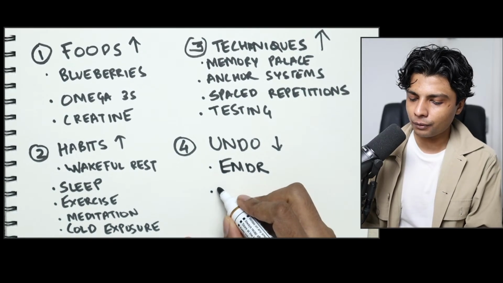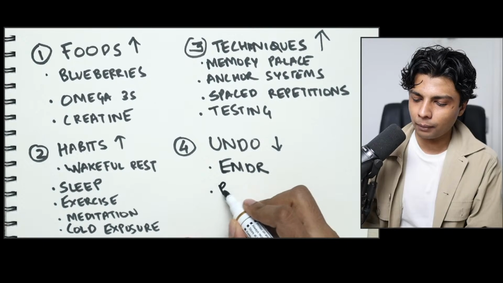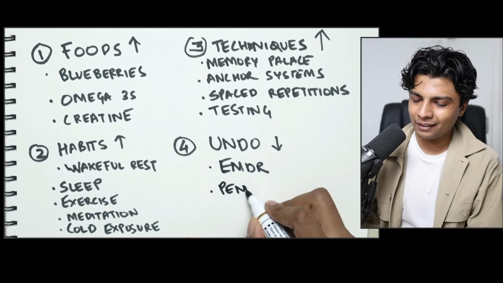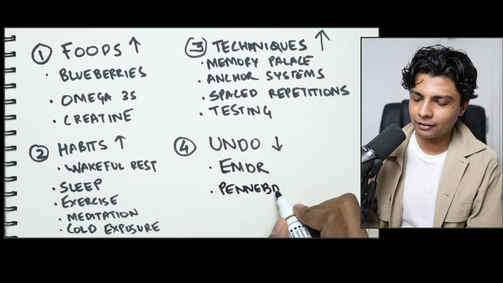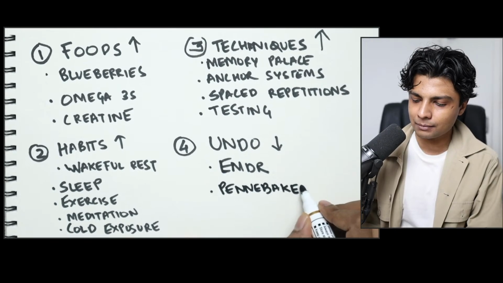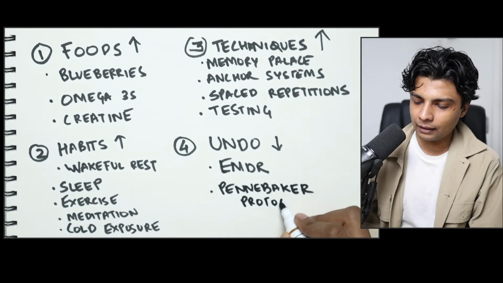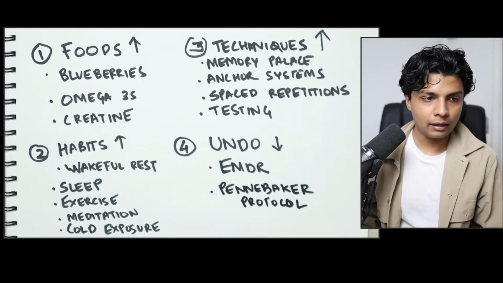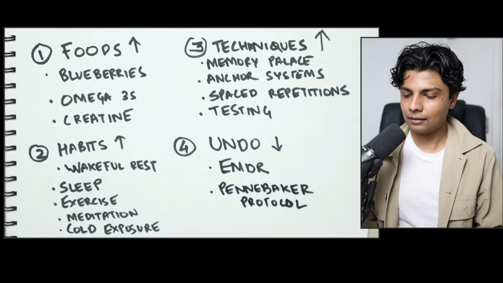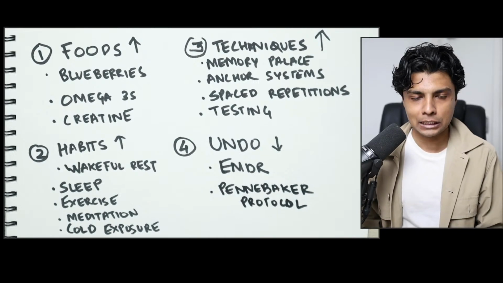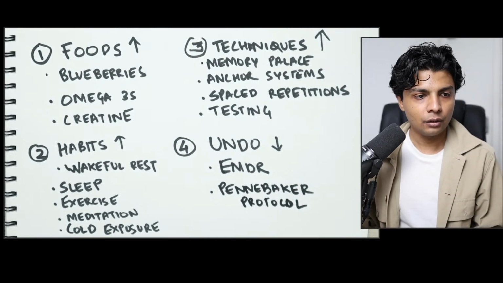And then we are going to talk about this thing called the Pennebaker protocol. It's really under the larger category of journaling, but since this particular type of journaling has a lot of evidence around it, I thought I would mention it specifically here, though I suspect a lot of journaling techniques would also work.